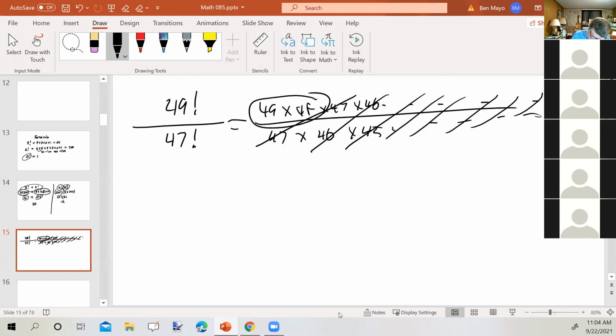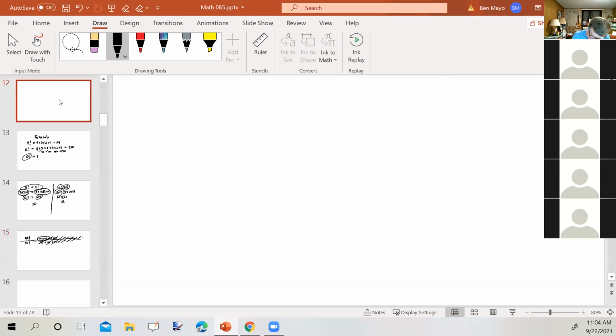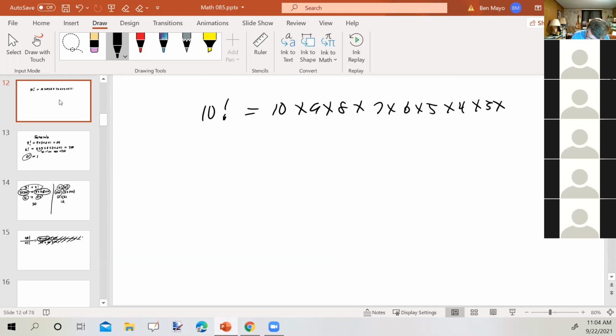So here's what I can do. In fact, I'm going to back up for a minute, and then we'll come back to that problem. Let's go back here. 10 factorial would be equal to 10 times 9 times 8 times 7 times 6 times 5 times 4 times 3 times 2 times 1, right? Everybody said, right, okay.